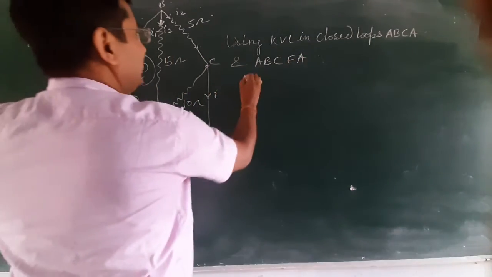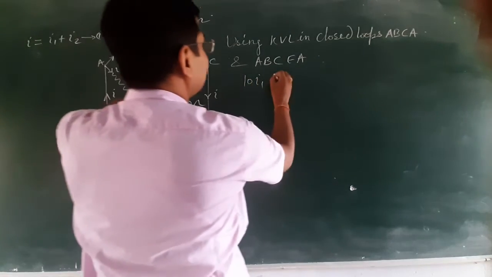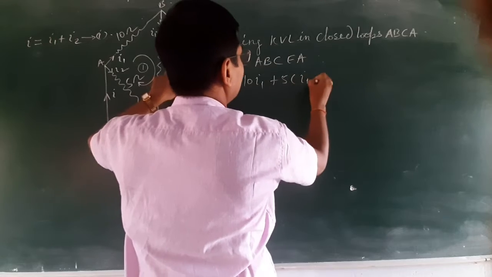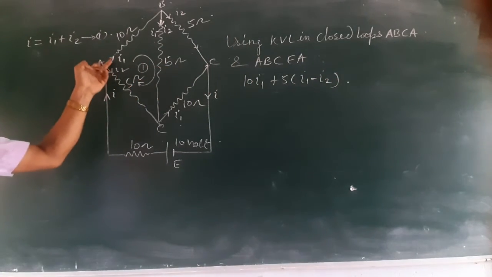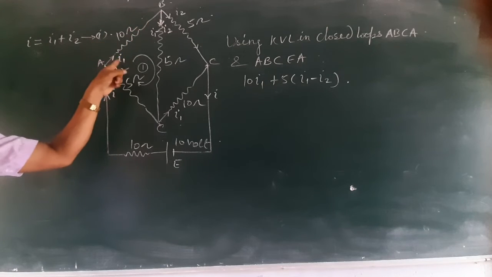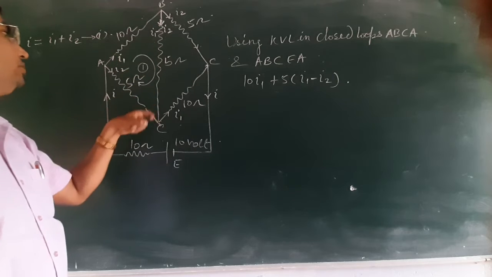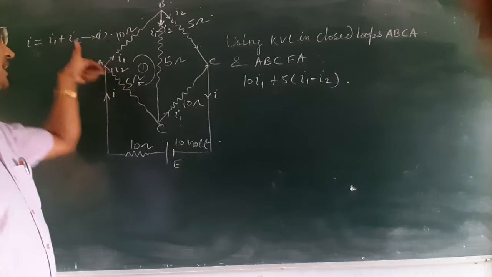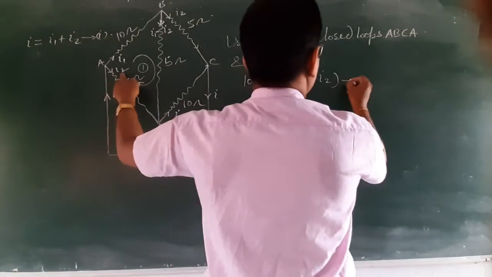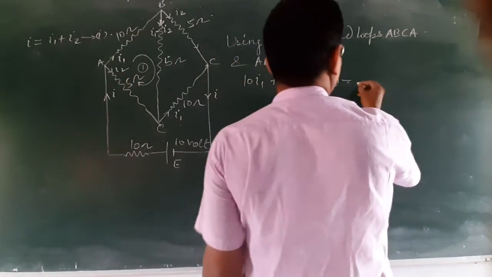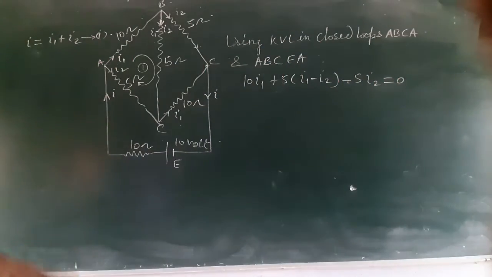You can see here it is 10 I1 plus 5 I1 minus I2. Why are they positive? Because we are moving in the direction of electric current, therefore the product will be positive. But here we are moving in this way and current is in this direction. Therefore this will be negative. So this is minus 5 I2 and this gives 0.